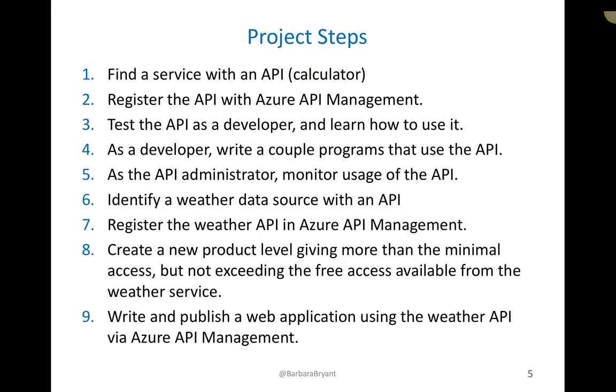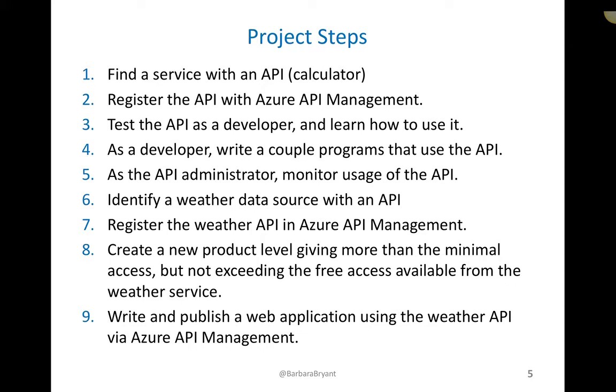So my steps were first to find a service that had an API, and then register that API with Azure API Management, go into developer mode and test the API, learn how to use it, write a couple of different programs that use the API, and then go back into administrator or publisher mode to monitor usage of the API.